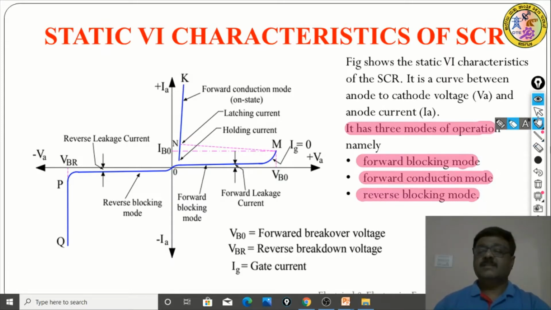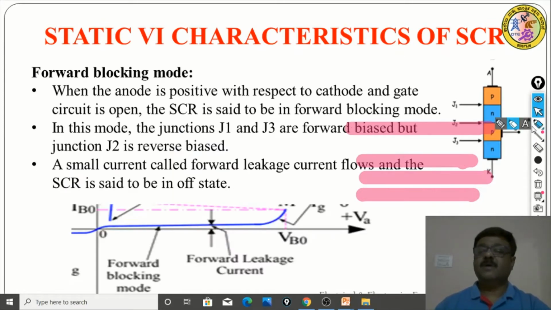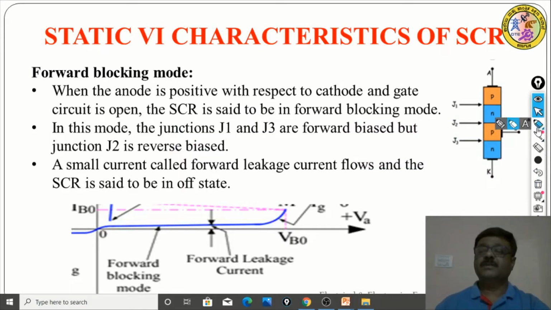Let us see one by one. In the forward blocking mode, the anode terminal is positive with respect to the cathode, and in this case junctions J1 and J3 will be in forward biased condition, and junction J2 will be in reverse biased condition.